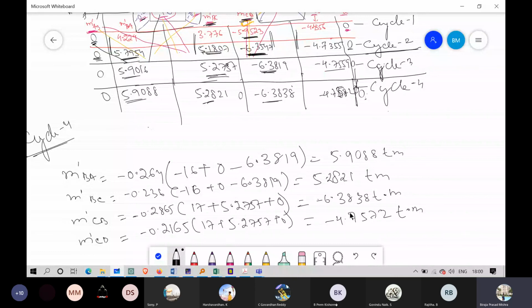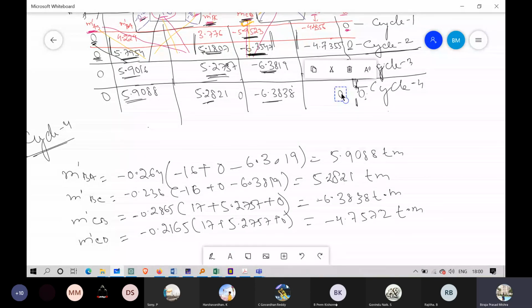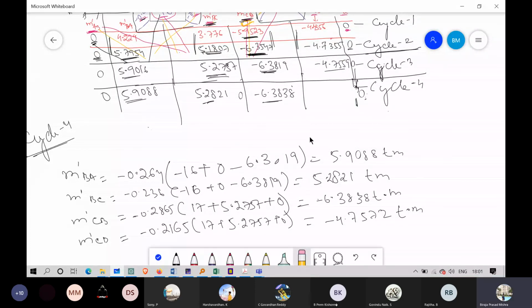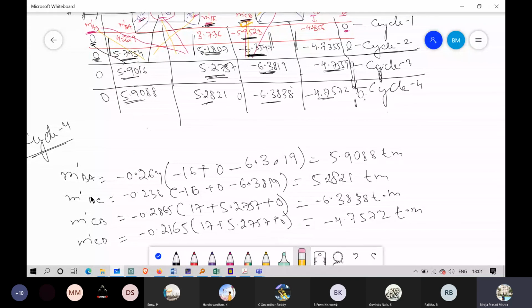So I'm writing this one, this is minus 4.7572. See, 4.75, 4.75, it is matching. So we can stop here and we will calculate the final end moments.